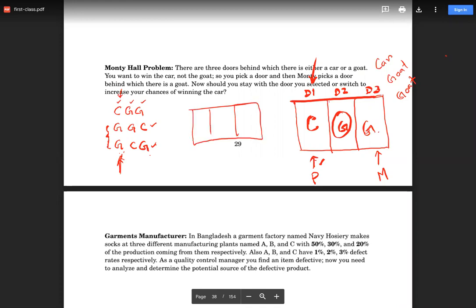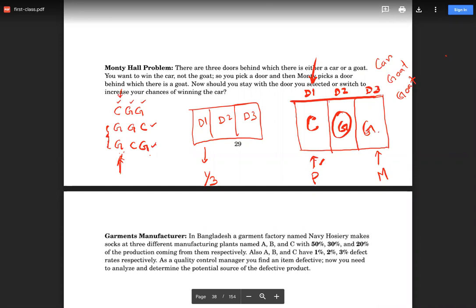Initially, when you select any door, it doesn't matter, your chance of winning is 1/3, because there is one car out of 3 doors and the other 2 are goats.